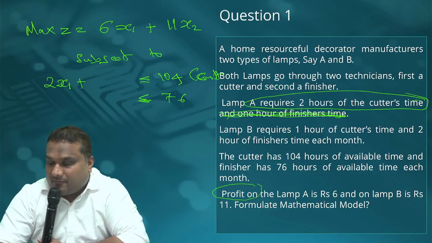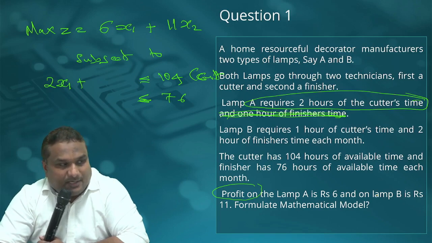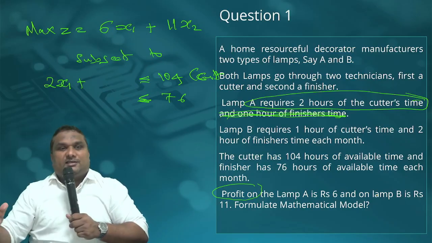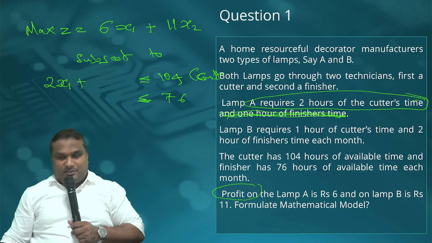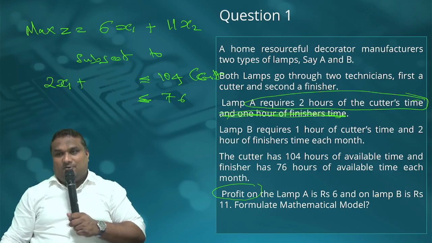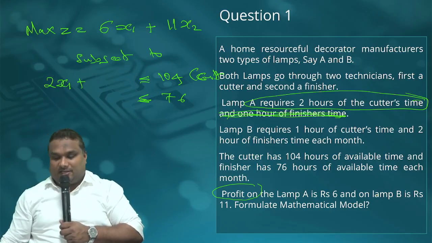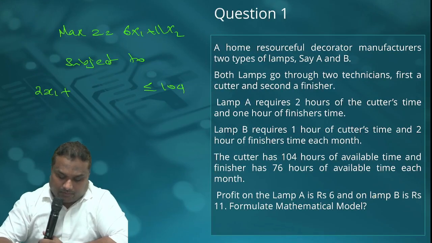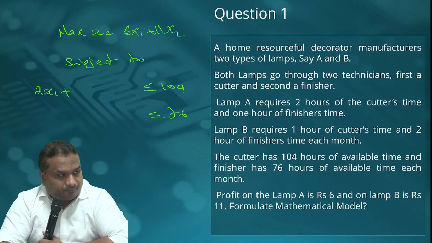Correct? Now we are speaking about only cutter. Read the dialogue again. Lambier requires 2 hours of cutter's time and 1 hour of finisher's time. Right now we are not speaking about finisher. So less than or equal to 104, less than or equal to 76. Correct? Okay.